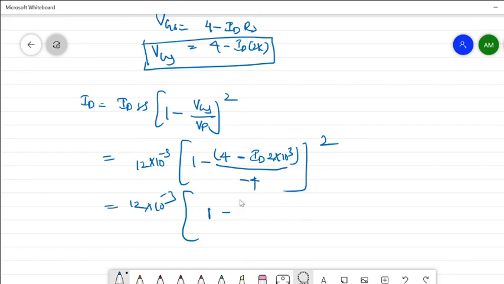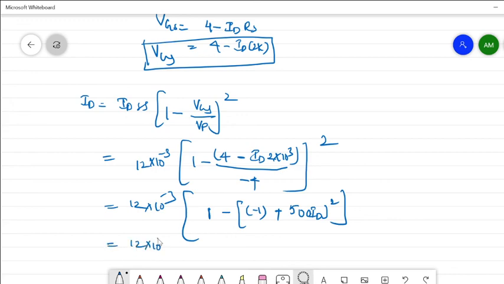So 4 by minus 4 is minus 1, minus minus cancel, then plus 2 kilo ohms, that is 2000 by 4, that is 500 ID, whole square. This is the A plus B whole square formula, like that you have to separate it.